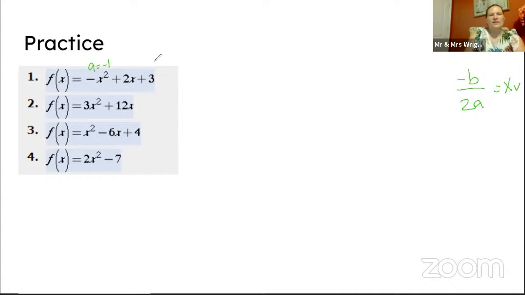That negative is going to tell us that it's going to open downwards and not upwards. B is 2. And C is 3. We don't really need to know C, but that's okay. -B, the opposite of B, is going to be -2. And then 2 times A is 2 times -1. So it's -2 over -2, which is +1.